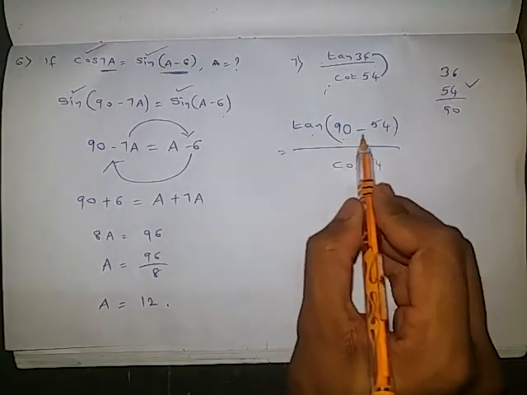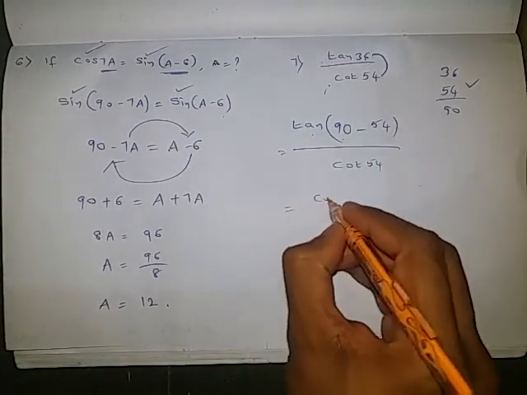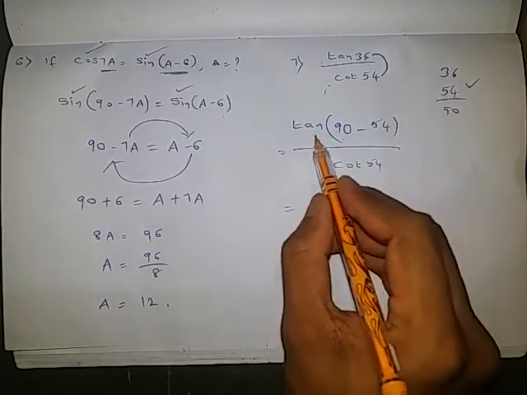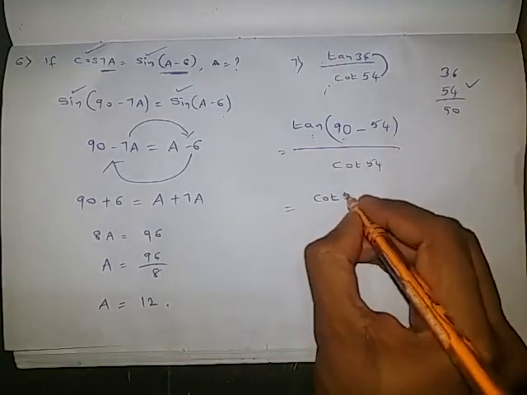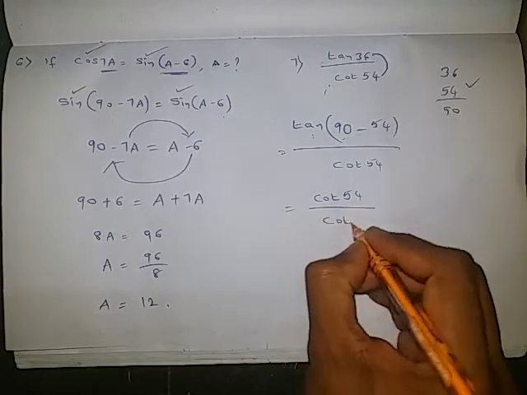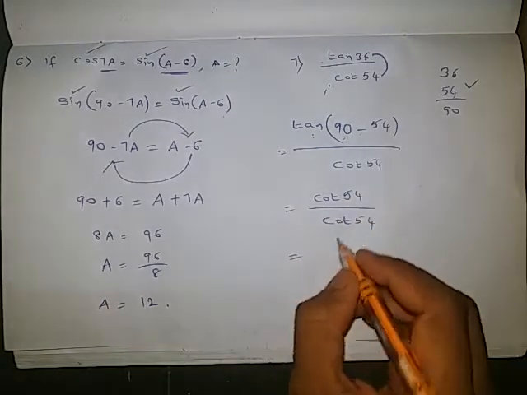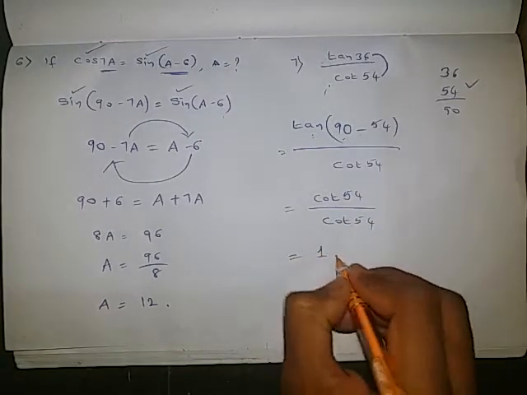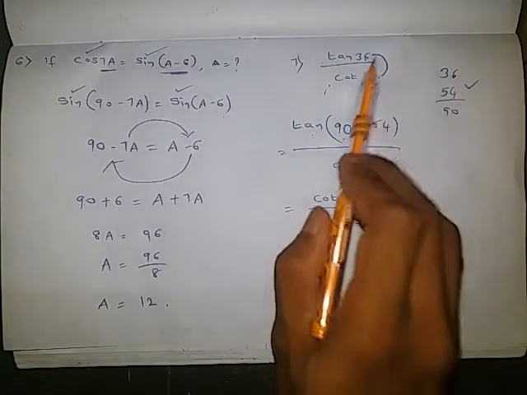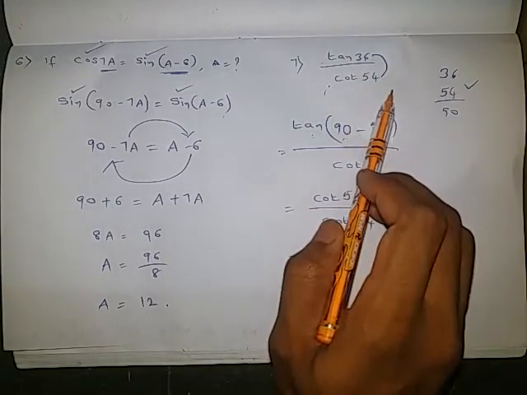Tan of 90 minus theta is cot theta. So tan of 90 minus 54 is nothing but cot 54 divided by cot 54. Cot 54 by cot 54 value is 1. So out of the 2, only any one you need to change.